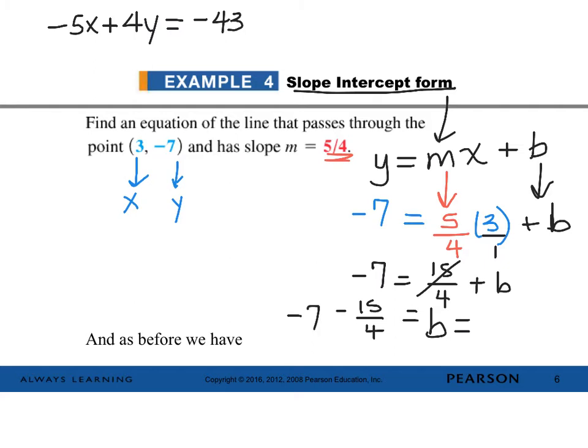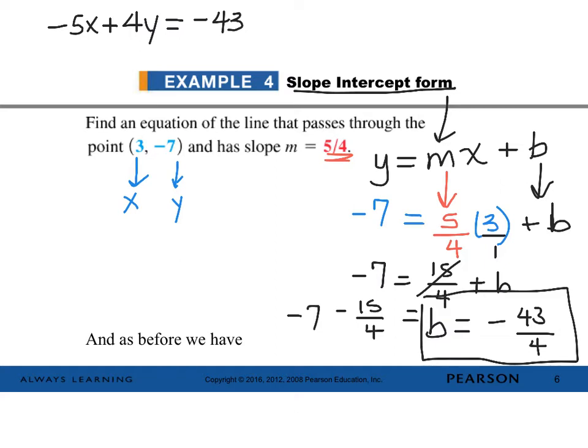Parentheses 15 divided by 4. Close the parentheses. Remember, you hit your math button and choose frac, and it says that's negative 43 over 4. So b is equal to negative 43 over 4.